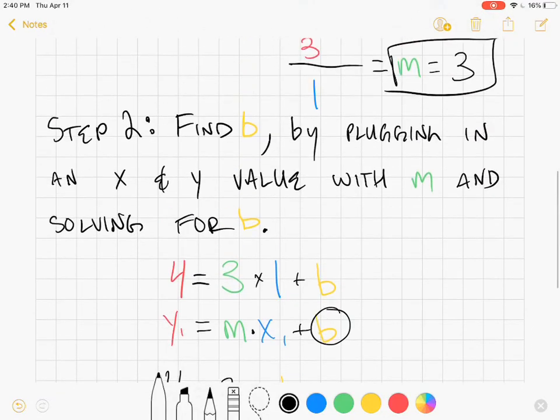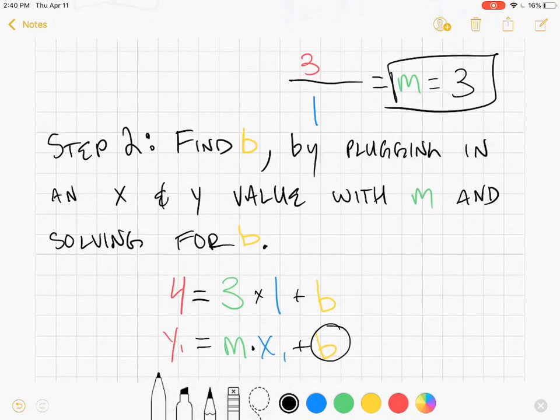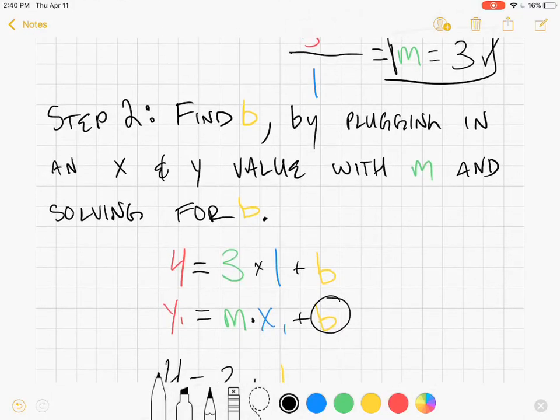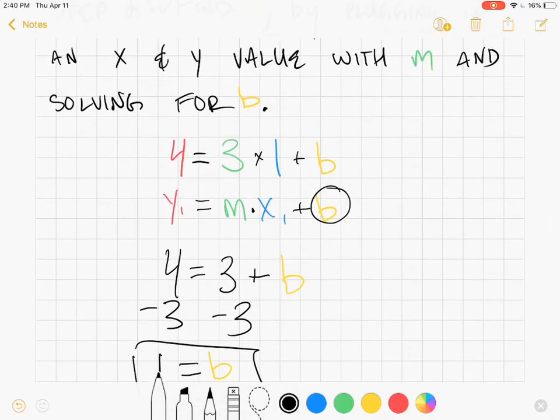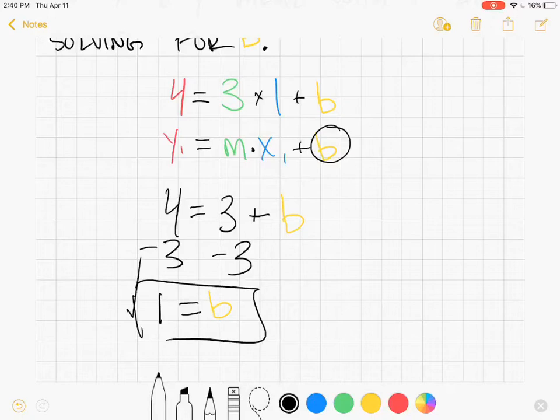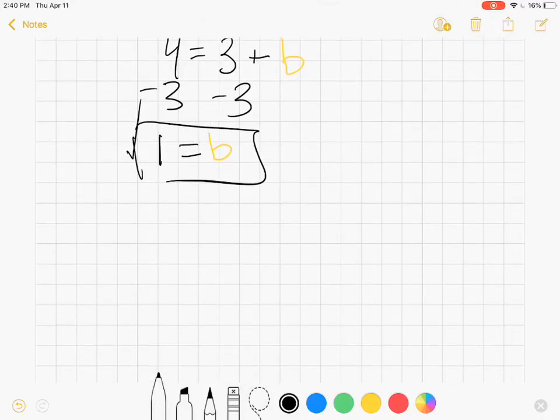So now we've solved for both m, that was step 1, and now we found b, which is step 2, because b is 1. And now we're on to step 3, and this is kind of the combination of all of them.